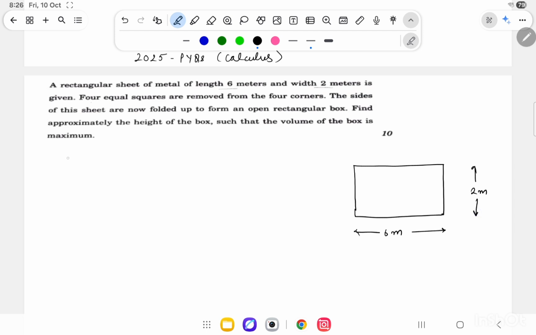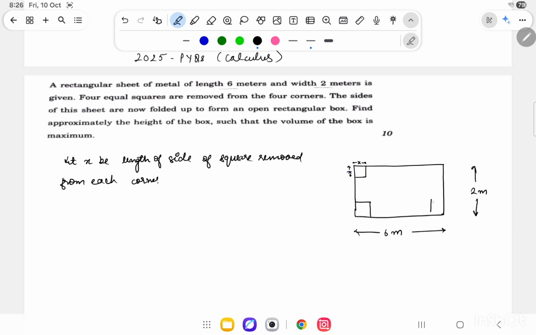So let's assume that x is the length of the side of the square removed from each corner. So if it is removed from each corner, this length must be x. Likewise, this length also is x. Similarly, we have removed these squares from each side like this.